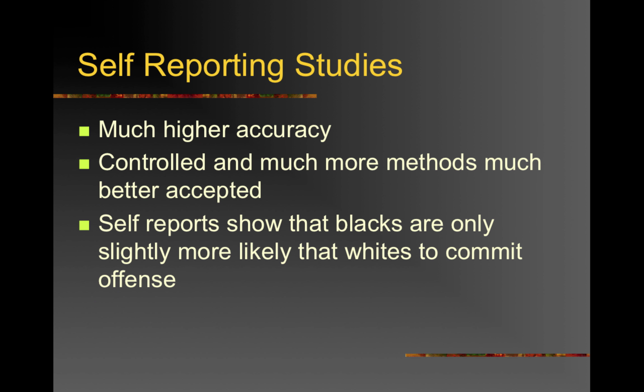We know from the self-reporting studies, which I've already told you have greater accuracy regarding who commits what kinds of crime, that these reports show that black youth are only slightly more likely than white youth to actually commit an offense. And in fact, the self-reporting studies also show that drug use amongst white youth is higher, but that black youth are more likely to be removed from their homes for drug use.